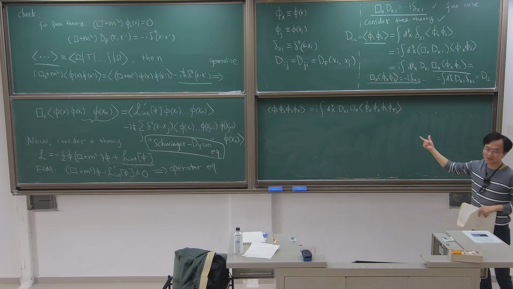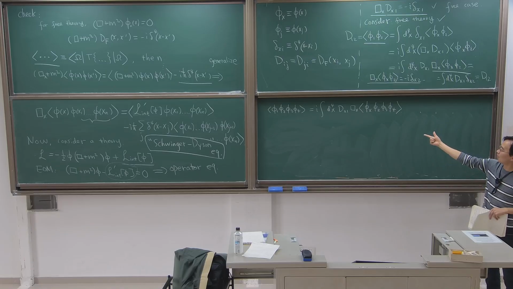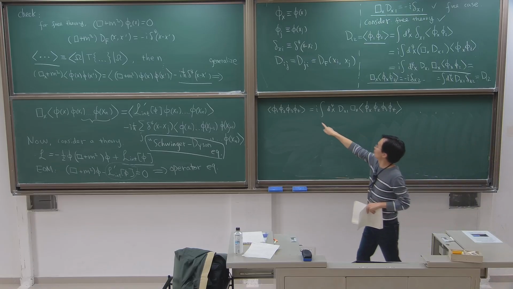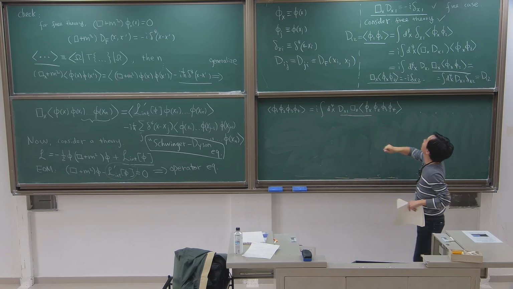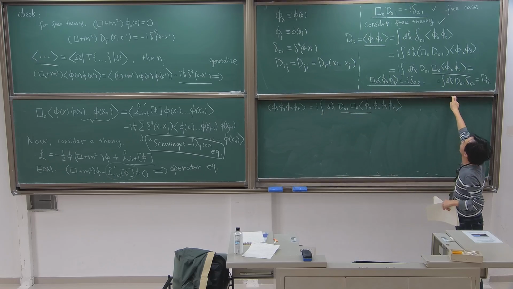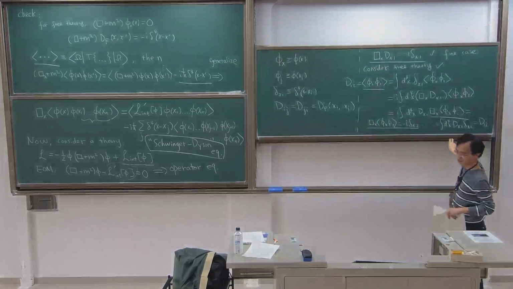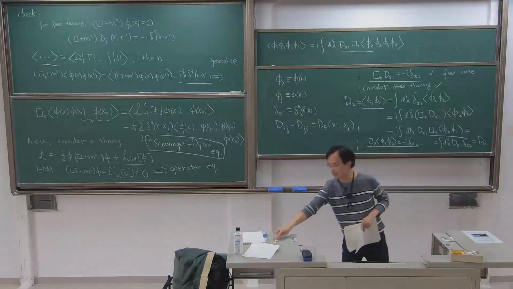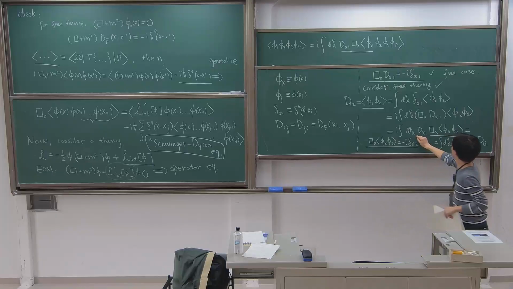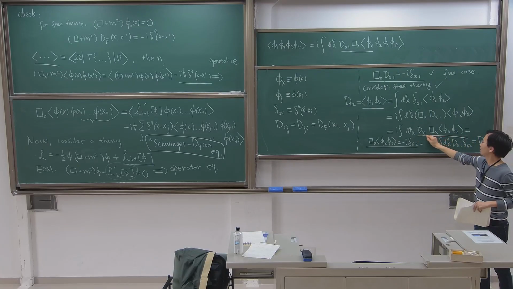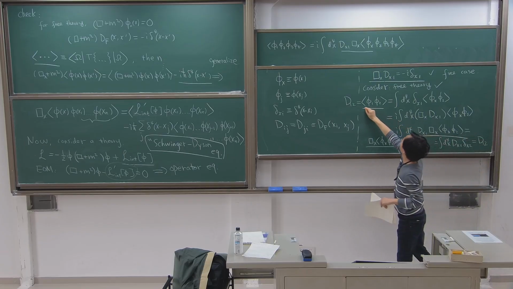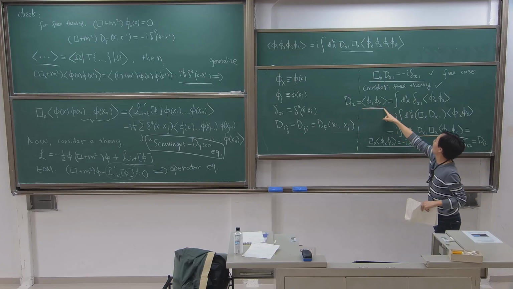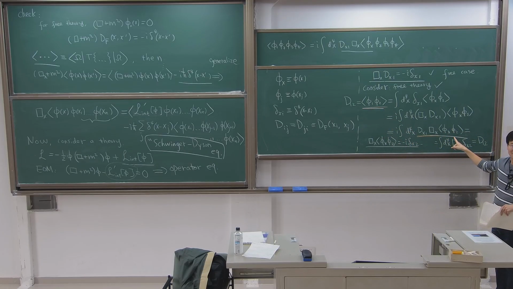Now I jump a little bit for this equality. I just find one step to make use of something we derived here. You see, here we claimed you can always get this one equal to this one.